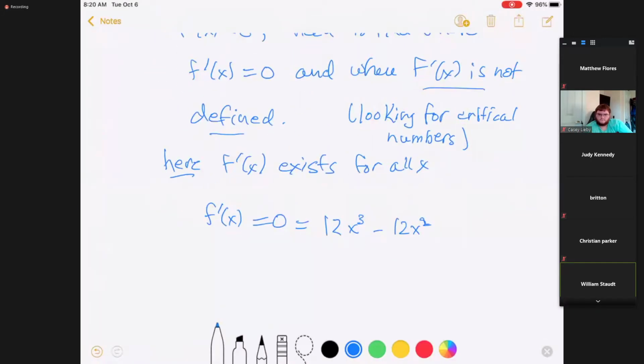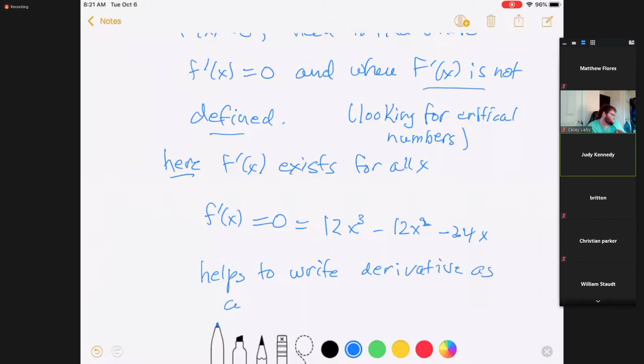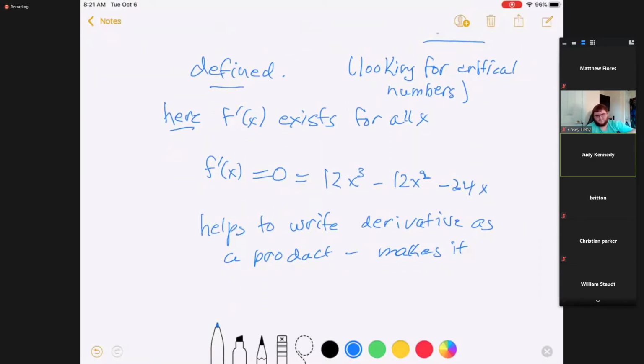minus 24x is equal to 0. Okay. Well, here's where you want to try to write your derivative as a product, if possible, because it makes it easy, easier I should say, to find these roots.